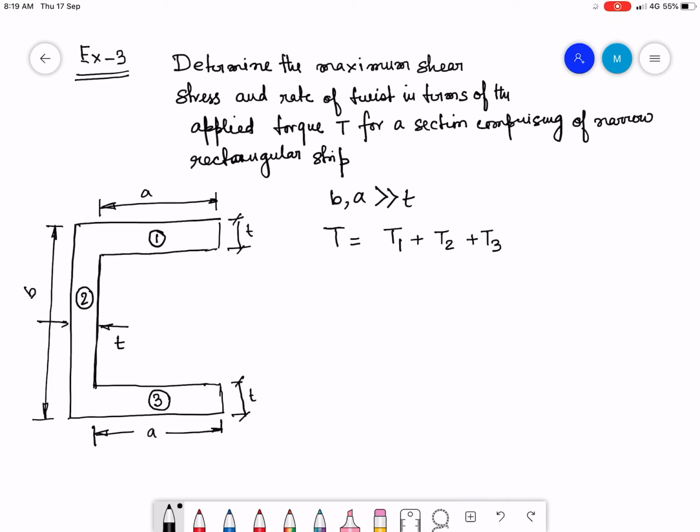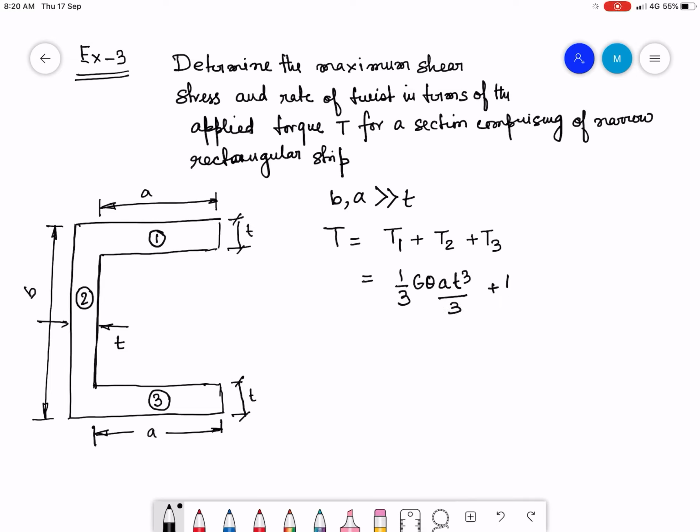Now, if I write down the expressions of these torques T1, T2 and T3 from the membrane analogy based solution that we studied in the last lecture, T1 is going to be 1/3 G theta a t cube.